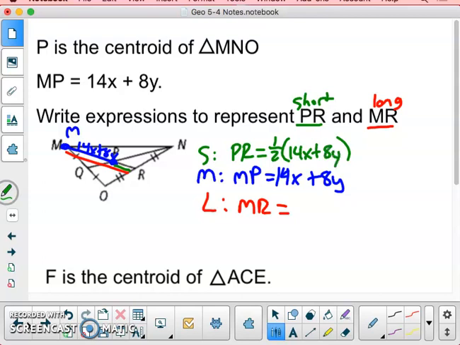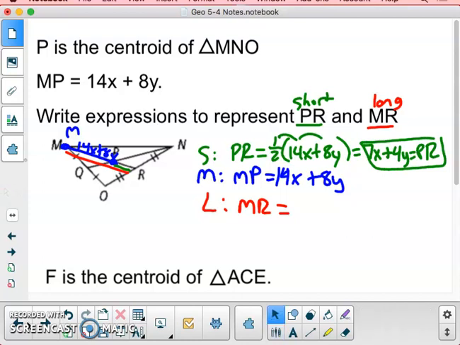So even though there's algebra in this, even though there's letters in this, it doesn't make the problem any tougher. I'm just going to use distributive property and use 1/2 times 14 to get 7x, and then 1/2 times 8 to get 4y, and that's the length of PR.